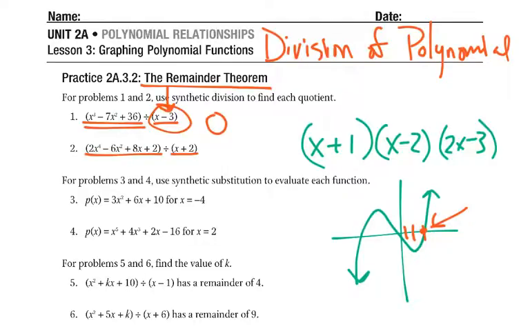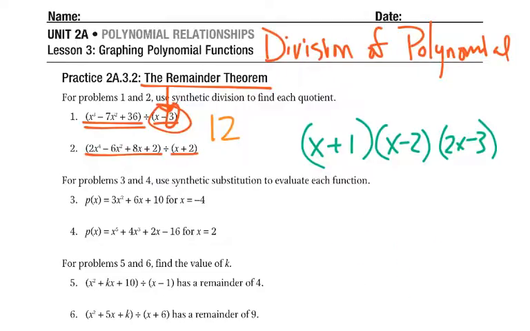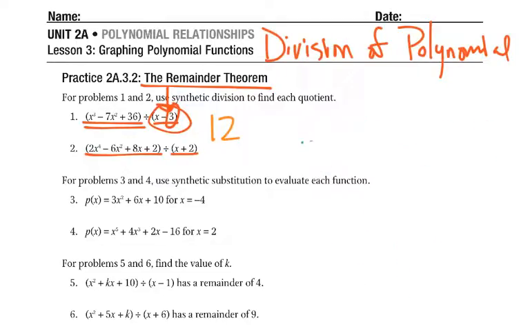If I get a different number, say something like 12, then that tells me that where the x value is 3, the y value would be 12. So it gives me a point on my graph. So whatever remainder I get is going to tell me something from my graph.